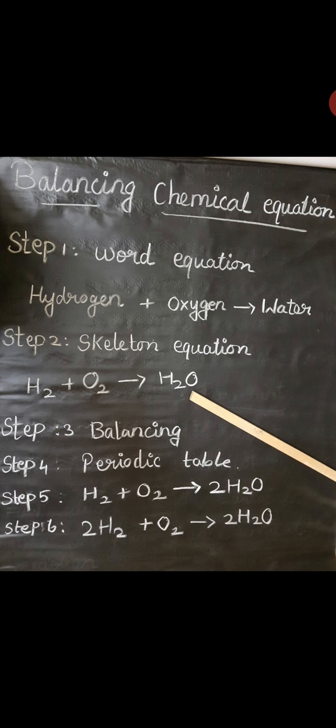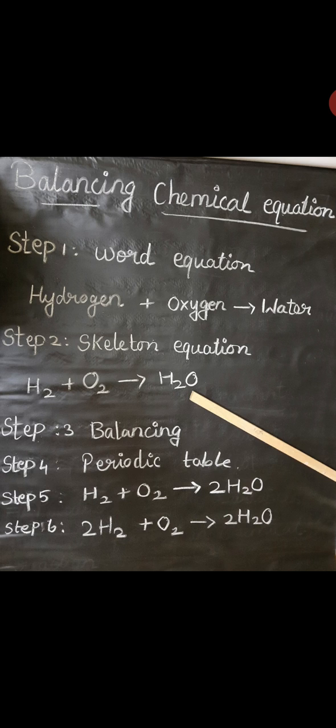To balance the hydrogen we have to put the 2 before H2 on the left hand side, that is the LHS. So 2H2 plus O2 gives 2H2O.